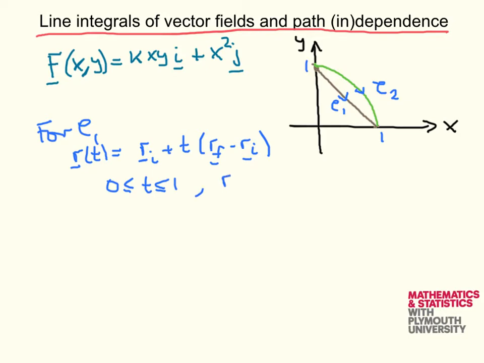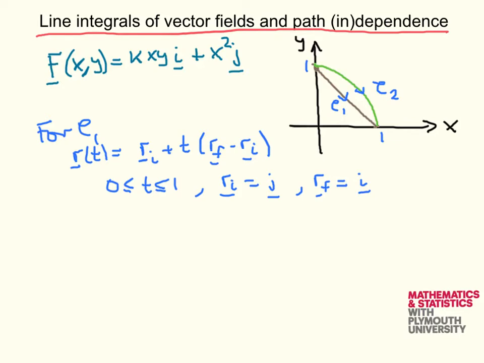And ri is this point here, and its position vector is just going to be j. And r sub f, the final point, has position vector i, just the unit vector in this direction.